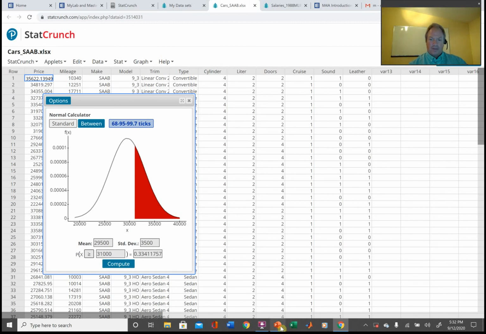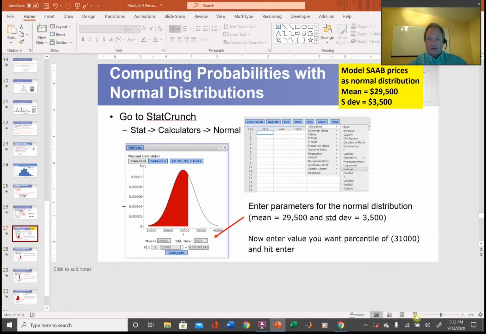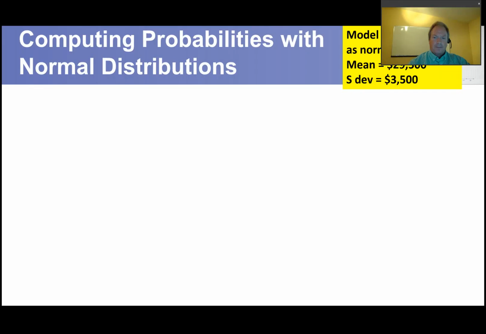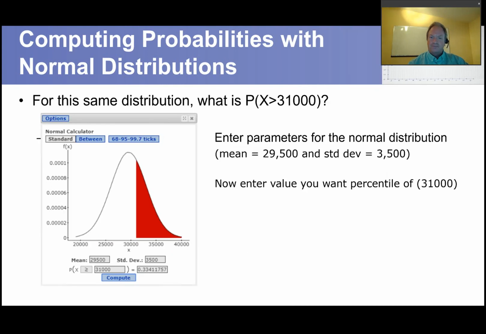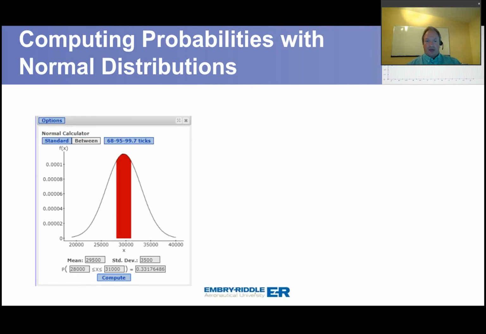Okay, good. And that's all you have to do to use StatCrunch to do calculations with a normal distribution. Now, sometimes we want to calculate the probability that we get a randomly chosen value between two values.